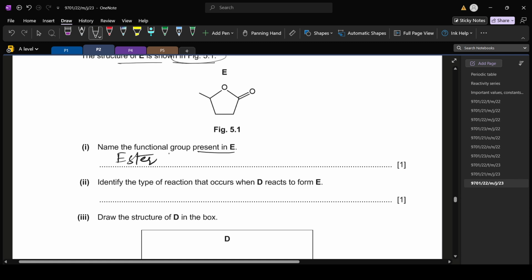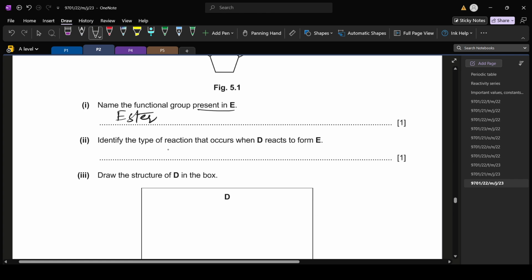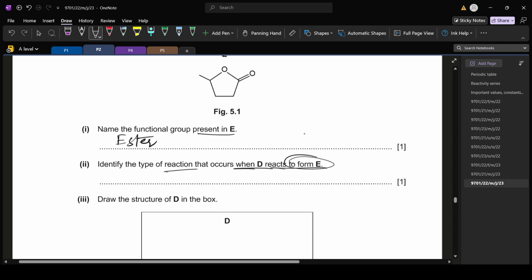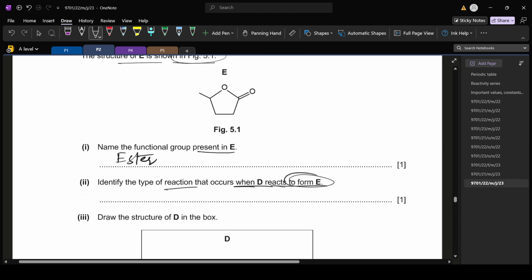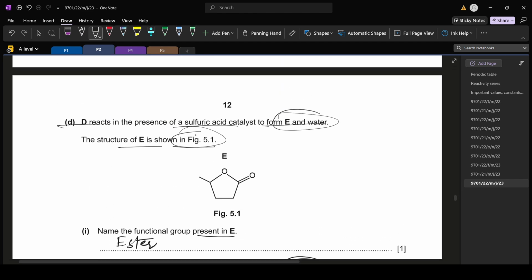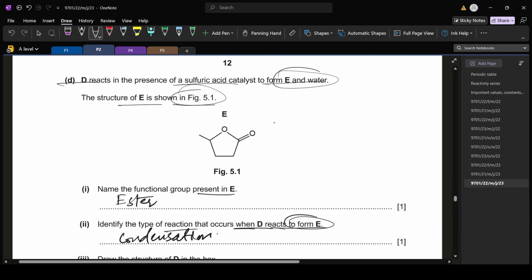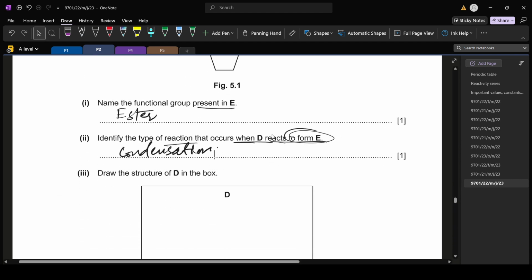Now identify the type of reaction that occurs when D reacts to form E. It's a condensation reaction, because the ester is formed.